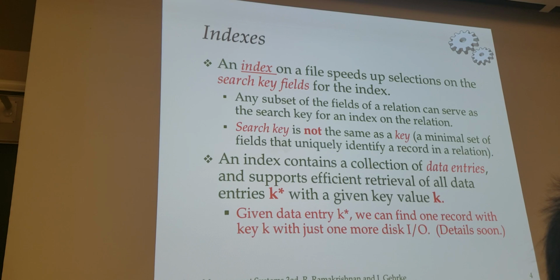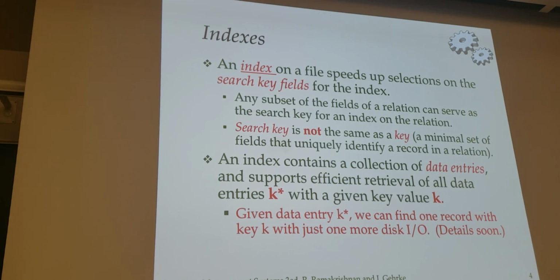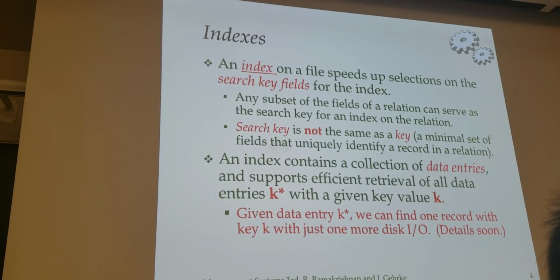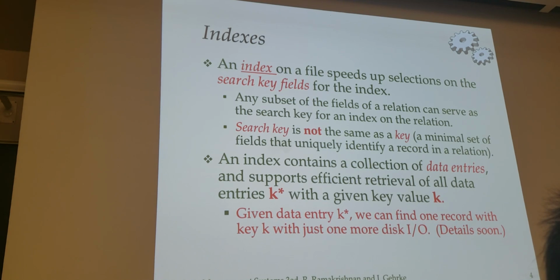And that, for example, could be a set of RIDs, the record IDs. And we know that the record IDs allow us to find the record pretty easily, since the record ID consists of the page ID and a slot ID. And those allow us to find the record on the page using the slot.